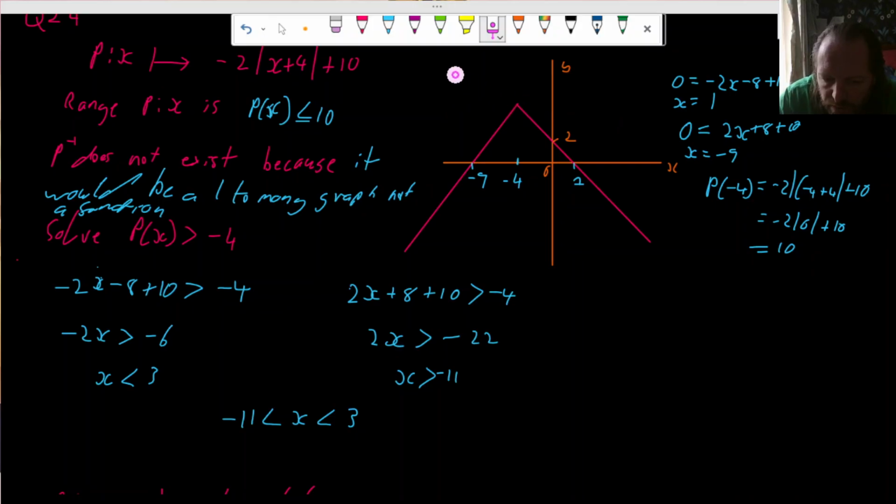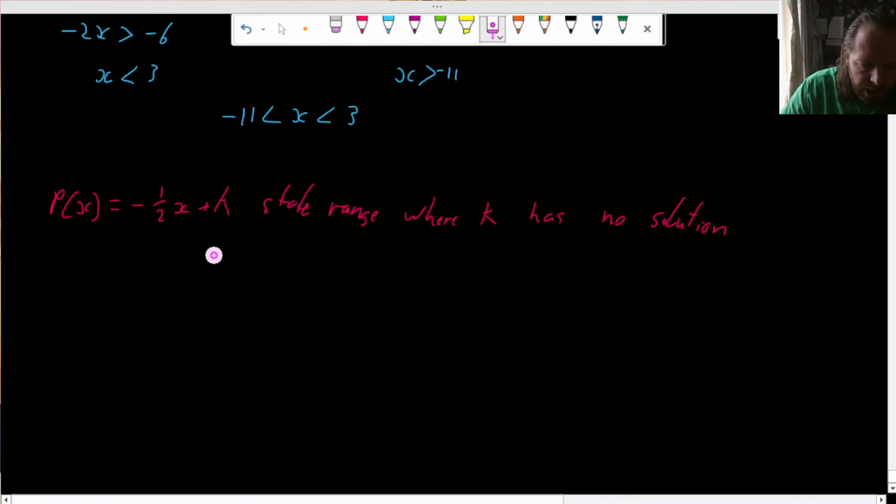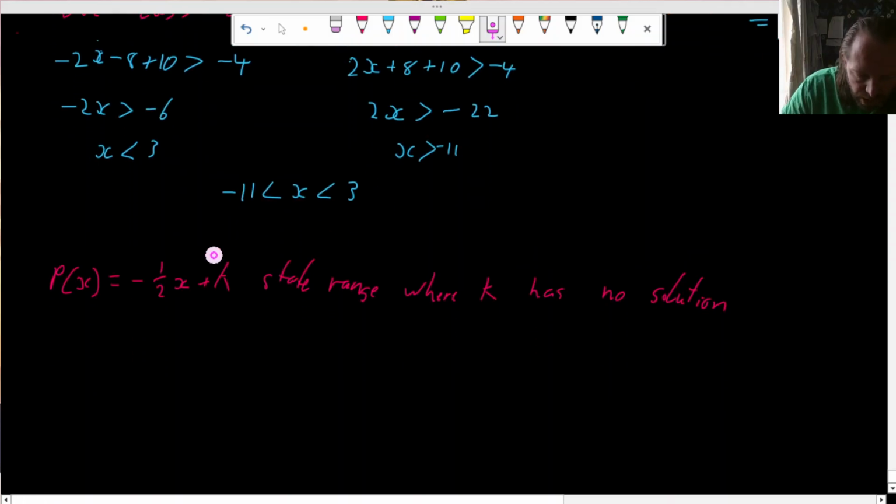So we want to know where it is just touching up there, don't we? And since we know that maximum point is up here at 10, we might be able to use that to our advantage.